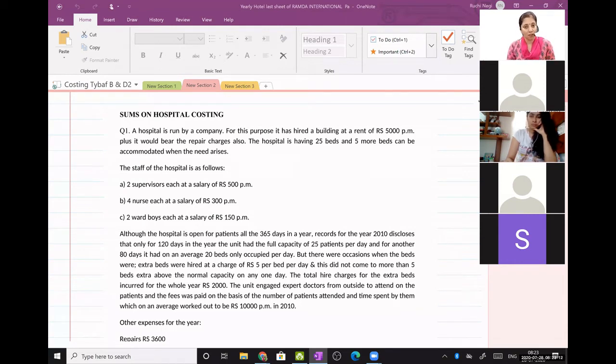Expenses paid by the hospital in connection to number of patients or in connection to bed occupancy is known as variable cost. And opposite of that will be fixed cost. Expenses paid by the hospital irrespective of the number of patients or bed occupancy is known as fixed cost. Am I clear to everyone?